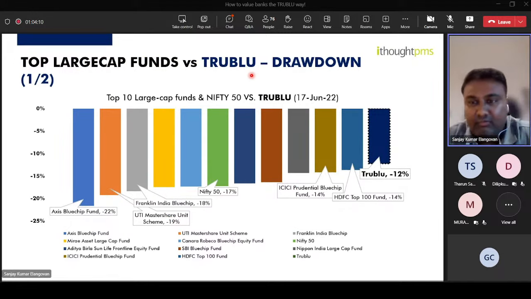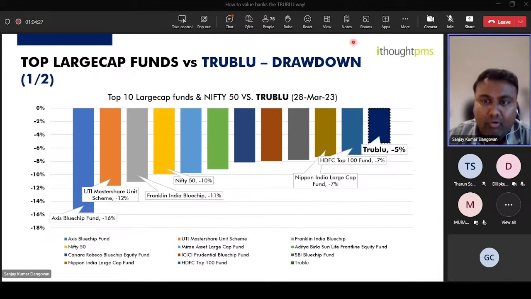Since inception, there have been two large drawdown periods, that is market corrections. One was the June 2022 bottom, post the Russia-Ukraine war, where our fund fell 12%, but all the other large cap funds fell more than TrueBlue. And Nifty 50 itself fell 17% during that bottom. The next bottom was March 2023, where our fund fell 5% and Nifty's fall was 2x of ours.